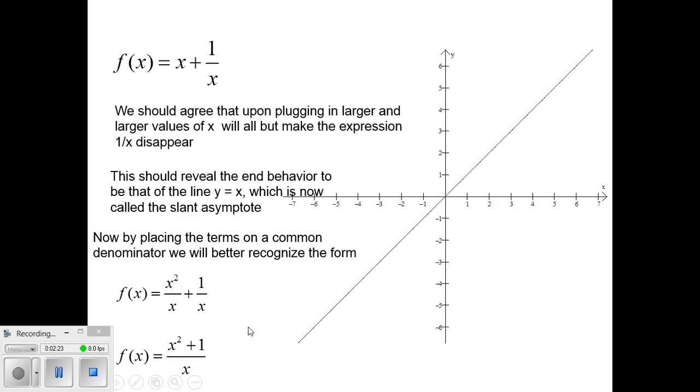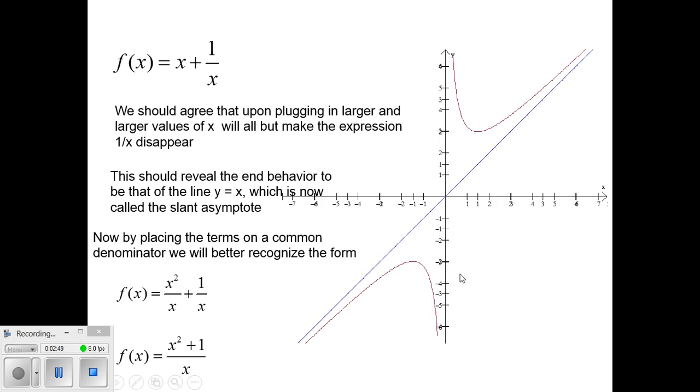So here's the slant asymptote, the line y equals x. We said as x goes to infinity, the graph is going to go towards that line, and you might also reason that as x goes to negative infinity, it's going to go towards that line. We're also constrained by the y-axis as the vertical asymptote.